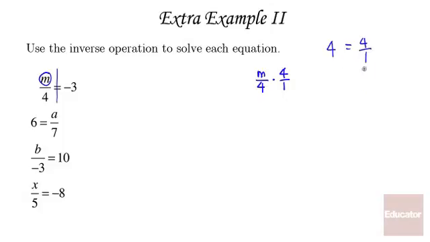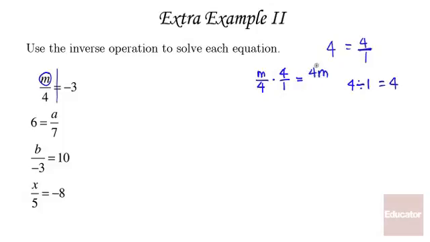Okay, so 4 divided by 1, what's 4 divided by 1? Isn't that 4? Remember, this also means divide. So 4 divided by 1 is 4, right? So if it helps, you can put it over 1. And then if you remember to multiply fractions, this is m times 4, which is m times 4, or you can write 4m.